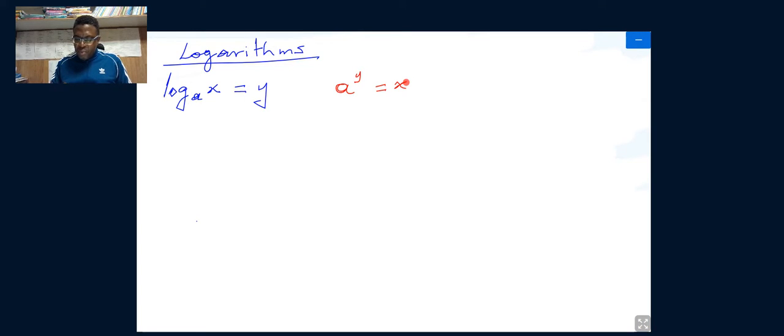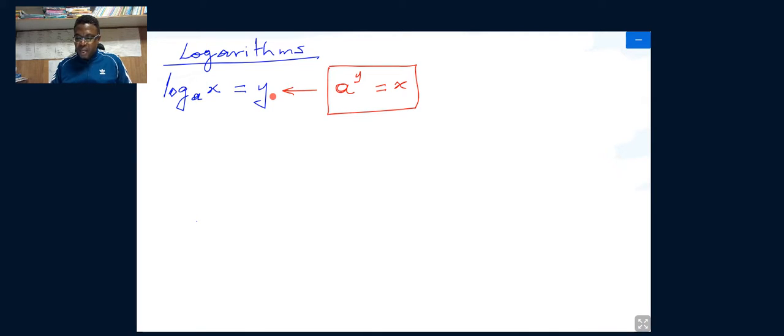To move from this exponent notation to a log, we introduce a log to a base a, log of x equal to y. So essentially, what have we done here?